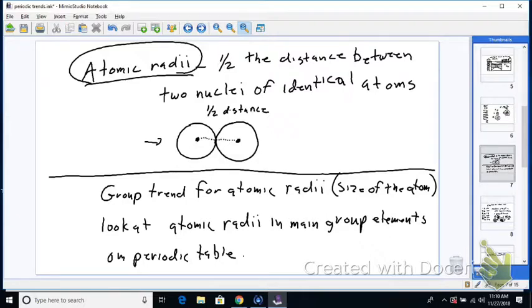By the way, when you're done with your activity, you're going to put it on this board. You're going to have all your information on here. Everything on here to prove your point. Okay? You're going to have a top title, what you're looking at, atomic radii. Down here, the second thing I'd write down is the group trend for atomic radii is to, we're going to go over that here in a second.